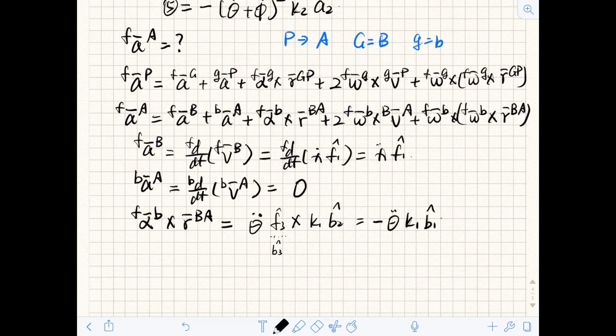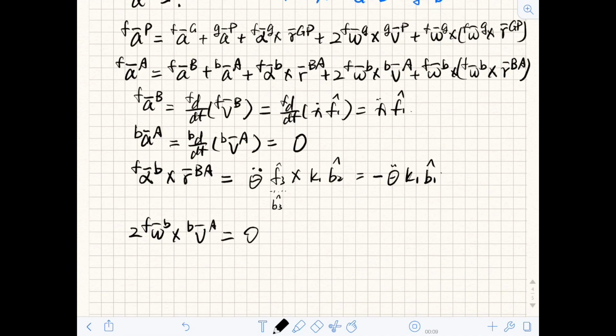Now the Coriolis term, 2 times omega BF cross the velocity of A in B. And we know the velocity of point A in B is 0. So this term is equal to 0. And last term, the centripetal acceleration, angular velocity of B in F cross angular velocity of B in F cross BA.